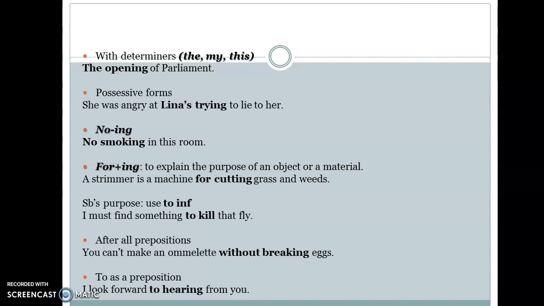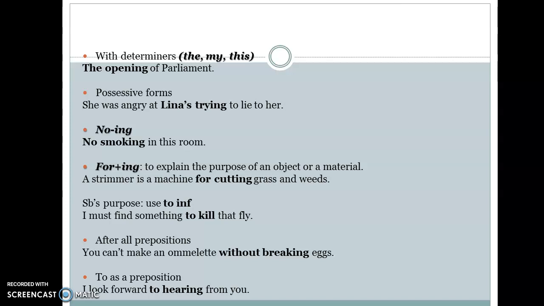A strimmer is a machine for cutting grass and weeds. But when we are talking about somebody's purpose, we prefer the to infinitive. I must find something to kill that fly. I will kill that fly.